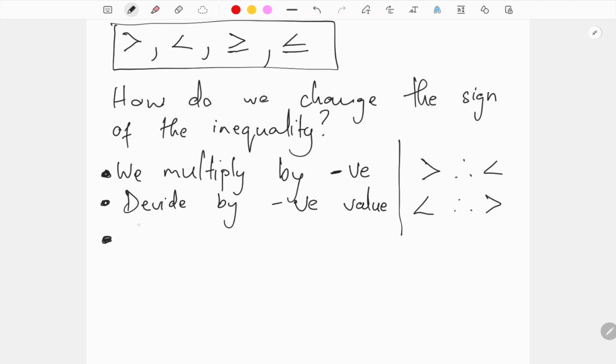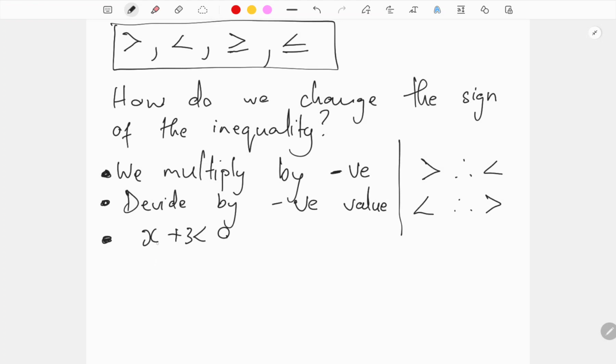Lastly, when you transpose a number, let's say we are not necessarily solving for x, but we are solving the quadratic inequality expression, and you get x plus 3 is less than 0.